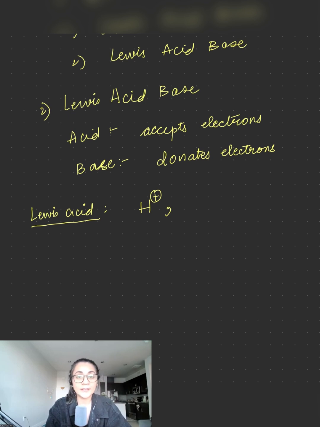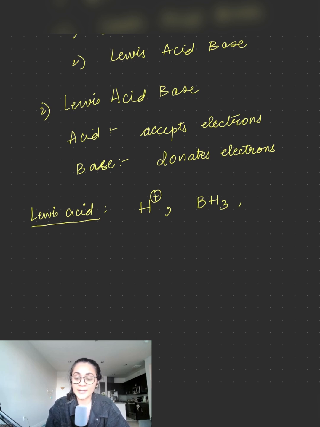Let's take another example, BH3. If you think about the Lewis structure of boron, boron does not have 8 electrons in its octet in BH3, which means that BH3 is a Lewis acid because it doesn't have a complete octet, and it would do anything to accept electrons to complete its octet.